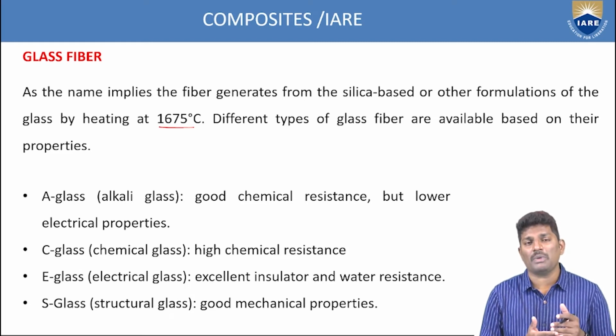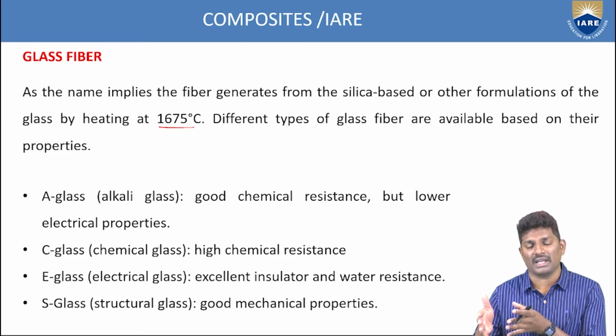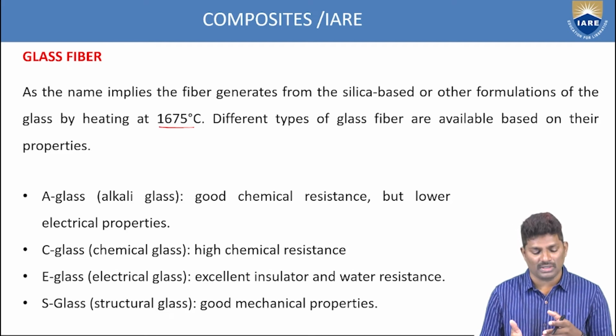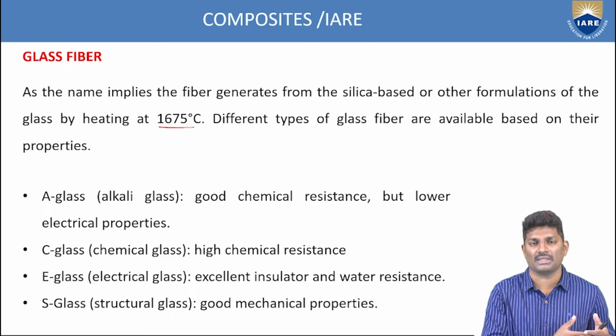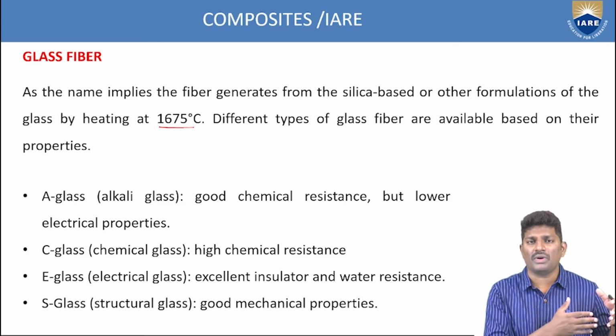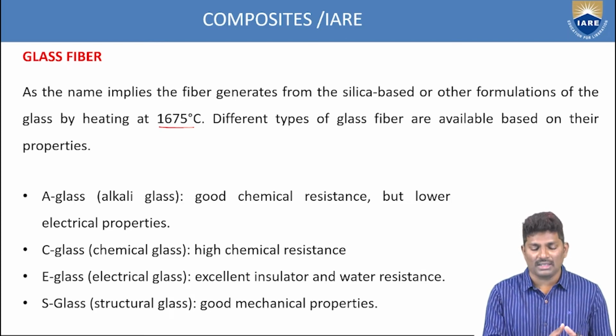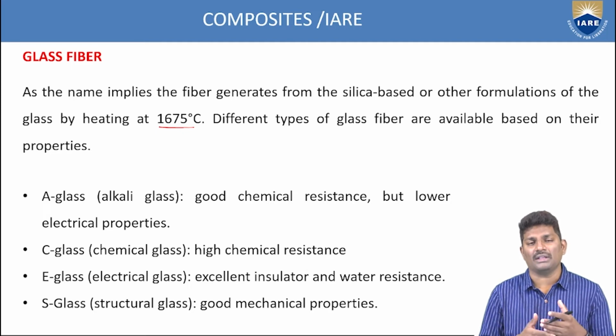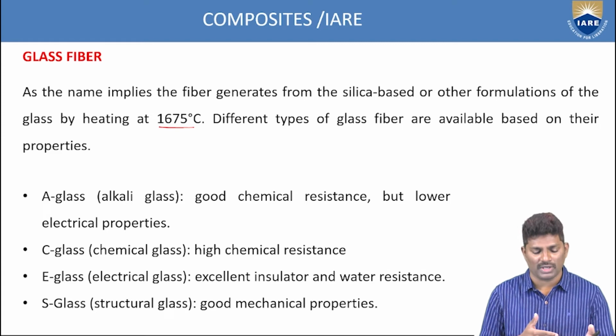Depending upon the type of application, we segregate all these: A glass, C glass, E glass, S glass. We differentiate them based upon applications and properties. If a material is exposed to chemical reactions, what type of material do we have to select?